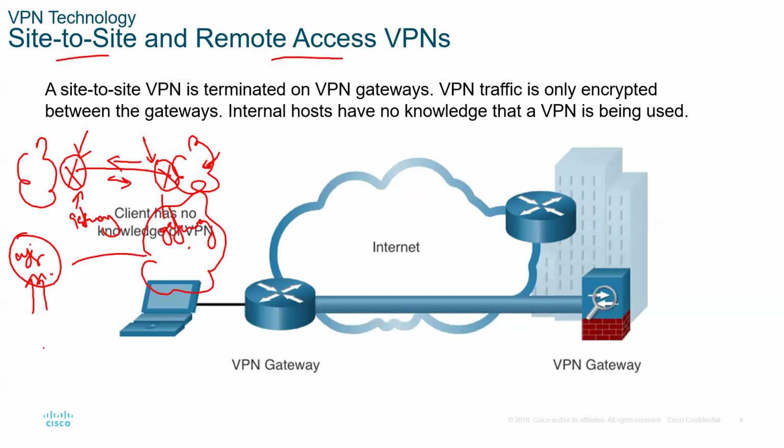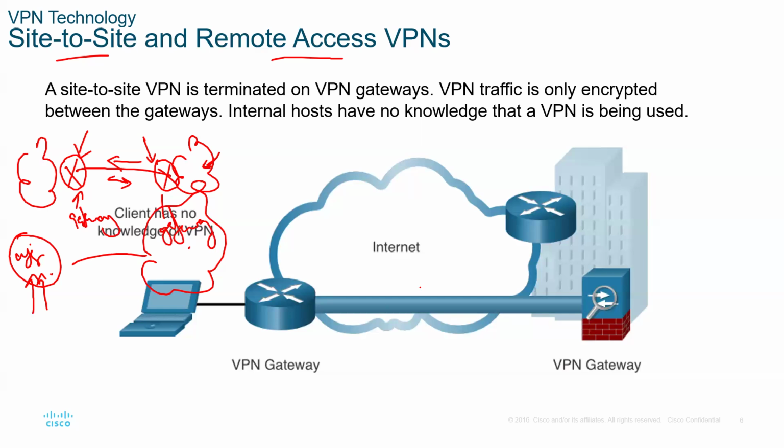If I'm connecting just a user or users to get access to resources, probably I'll need a remote access VPN, because it's now not a network but a user or a number of users at different sites. I think that's the main difference.